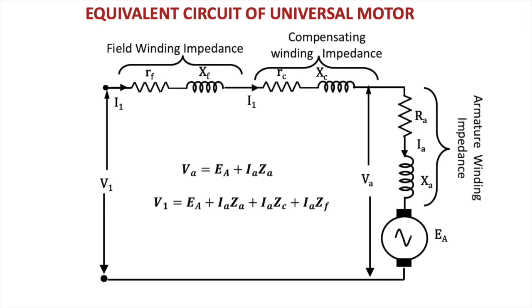The supply voltage, along with the drop in the field, the compensating winding and the armature winding, will be given as V1 is equal to EA, the back EMF induced in the armature, plus the armature current into the armature impedance, the compensating winding impedance, and the field winding impedance.